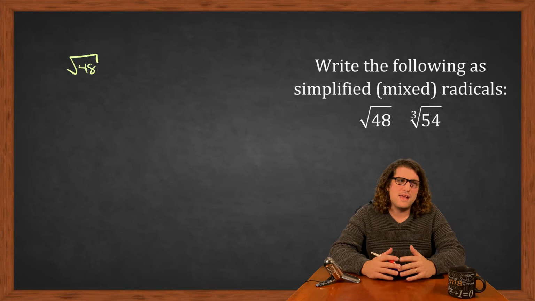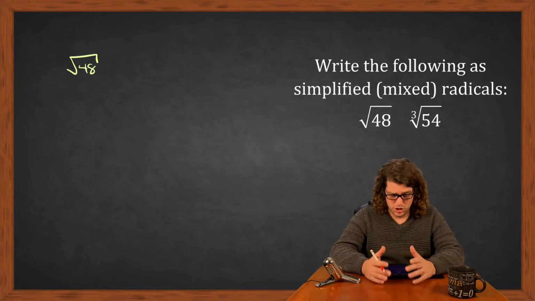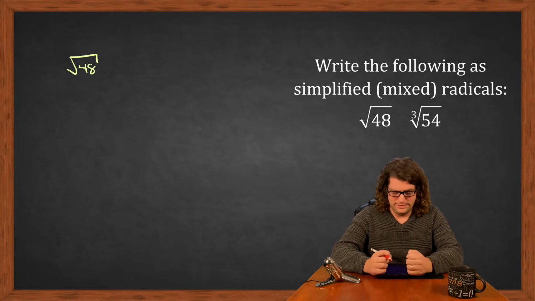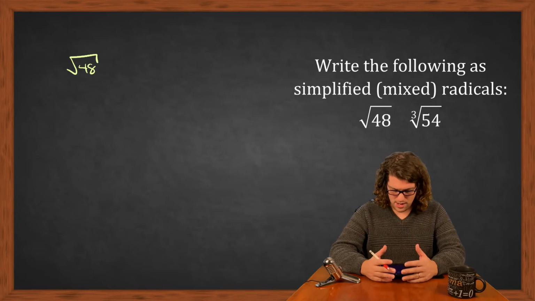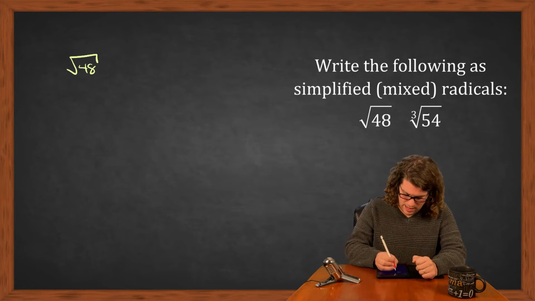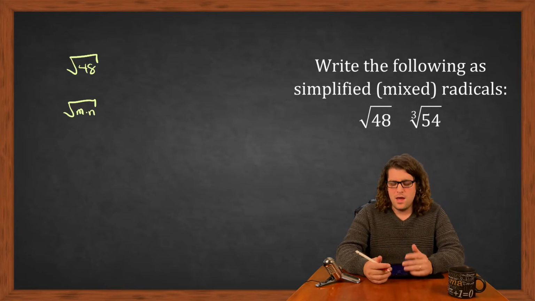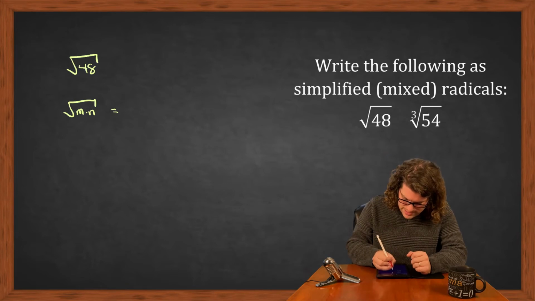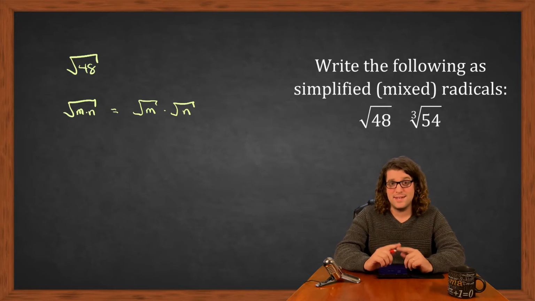Now, if I don't give you any kind of nuanced approach to this, if we just want to make it into the simplest form mixed radical, then I'm going to take advantage of the fact that if I have a radical that can be written as the product of two different pieces inside, we can split it up into the same type of radical of each of those different factors separately.